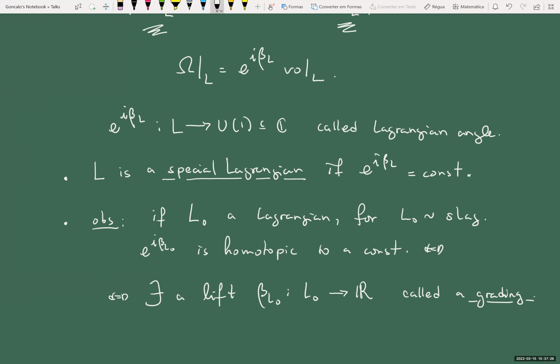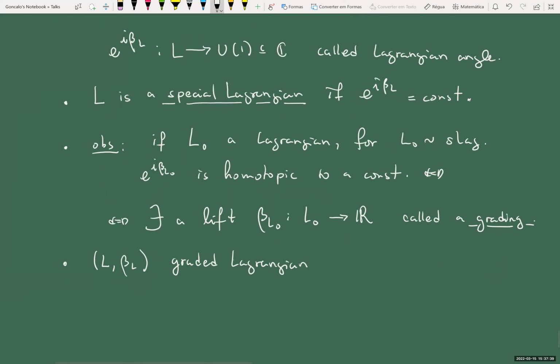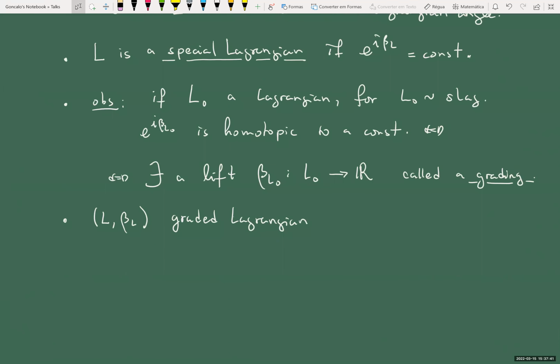And a Lagrangian together with a choice of grading is called a graded Lagrangian. So a choice of grading is just a lift of this Lagrangian angle map. And a graded Lagrangian is a Lagrangian together with the choice of this lift.